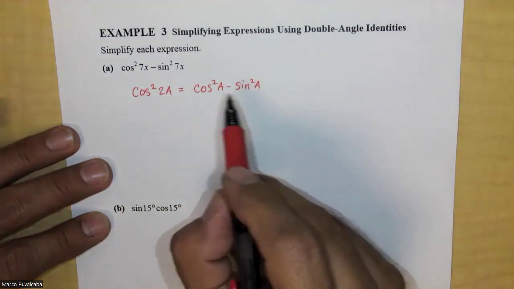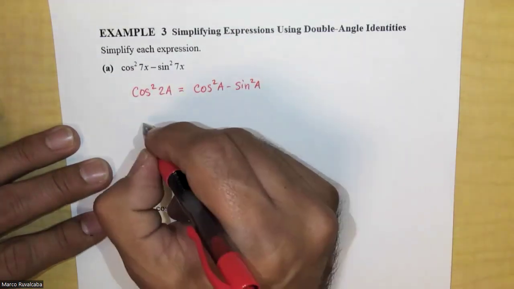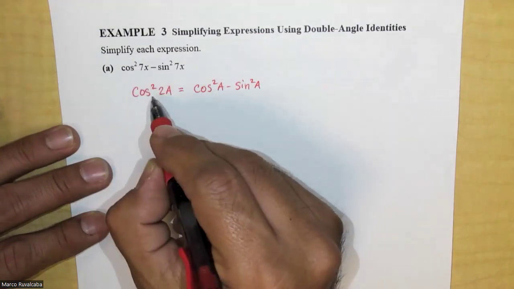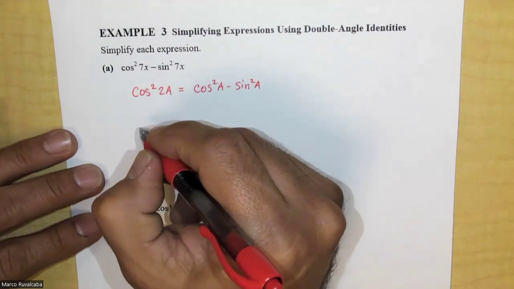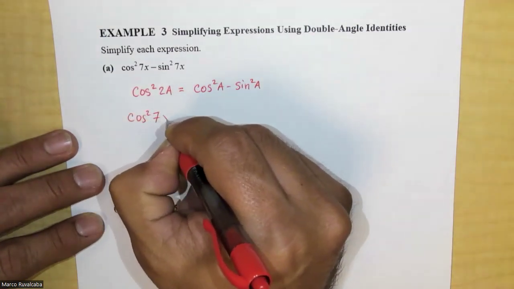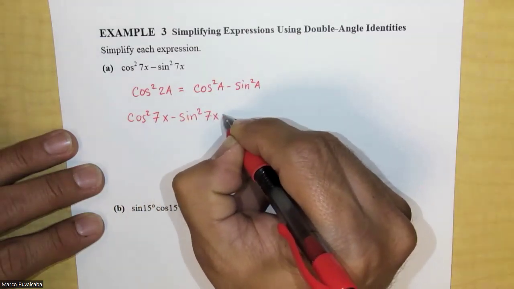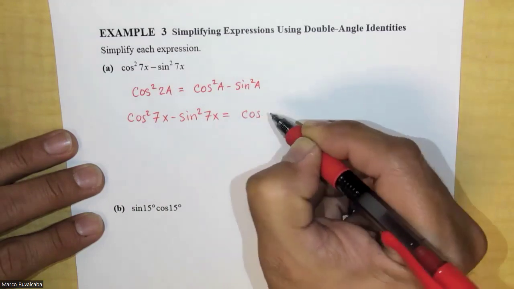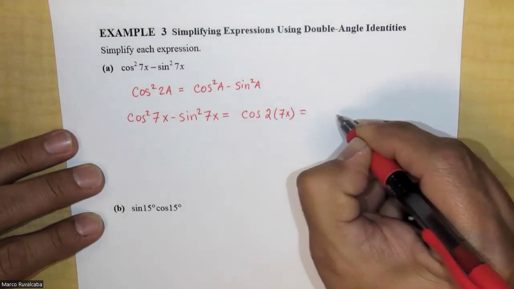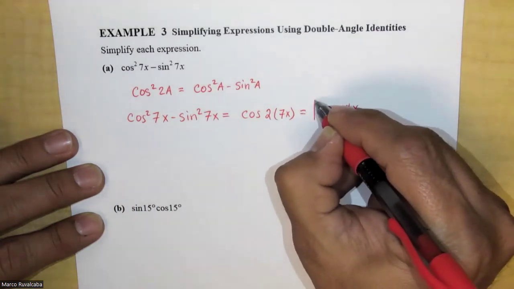So we're going to use this one to simplify this one here, in reverse, right? So cosine squared of 7x minus sine squared of 7x is equivalent to cosine of 2 times 7x, which simplifies to the cosine of 14x.